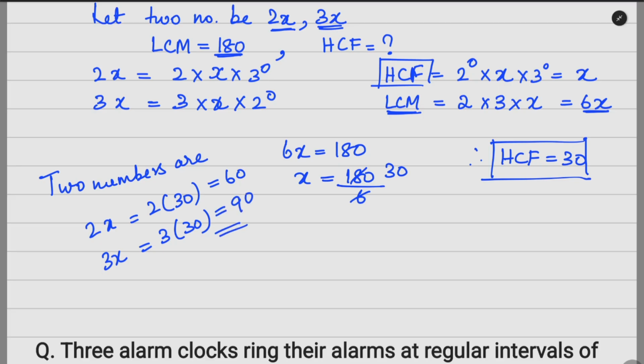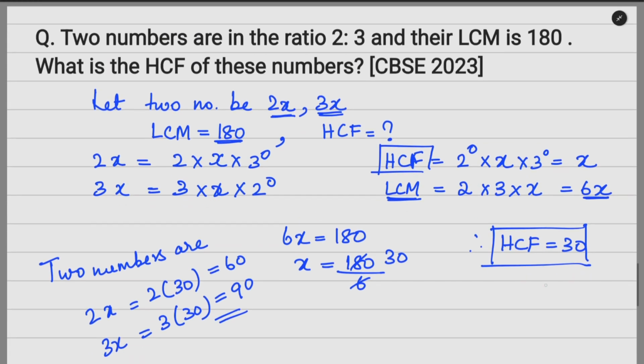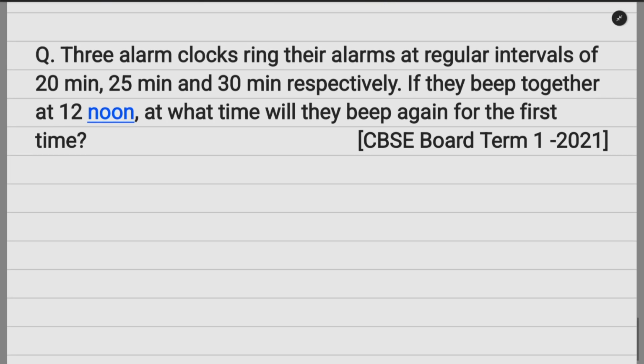Those are the two numbers. Clear? So for these two numbers, the LCM is nothing but 180 and the HCF is 30. But you're not asked the two numbers, you're only asked the HCF. So this is how you have to solve it. You can pause the video and please try doing it yourself once. Moving on to the next question.